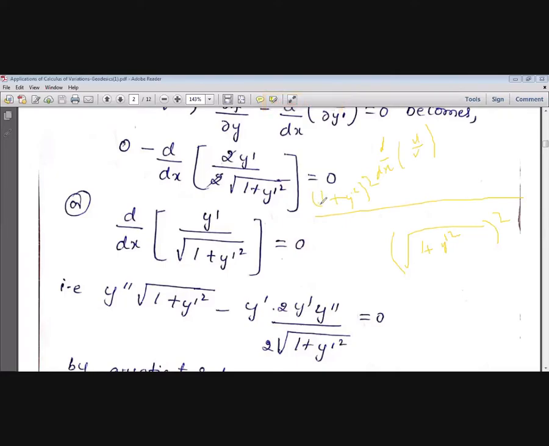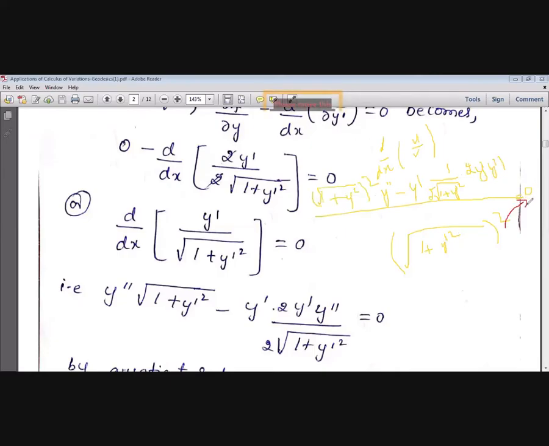Root of 1 plus y dash square into y double dash minus y dash into the derivative of this, 1 by 2 root 1 plus y dash square, into 2 y dash y double dash, equal to 0.